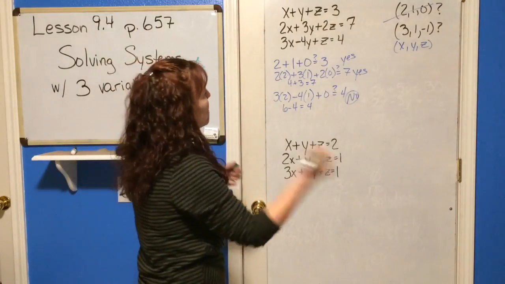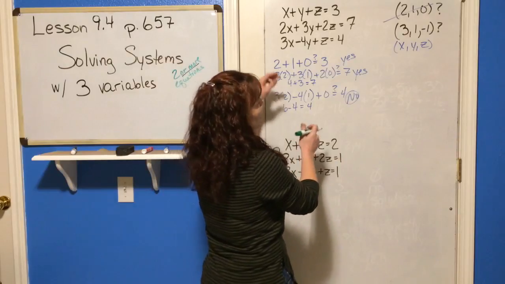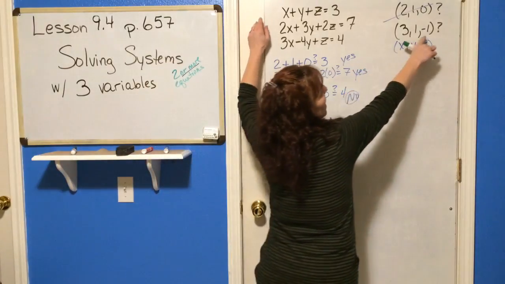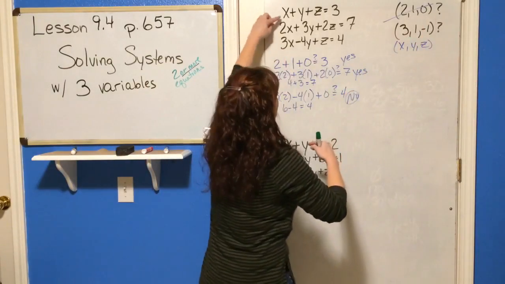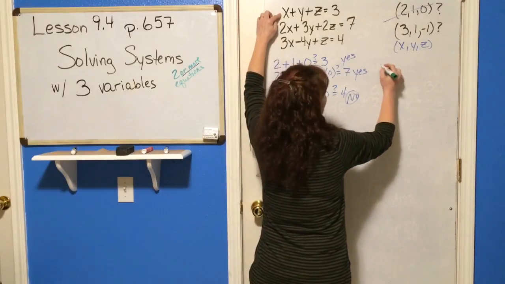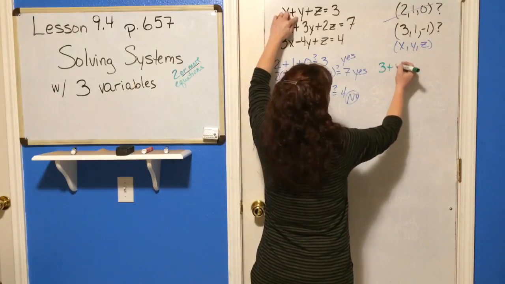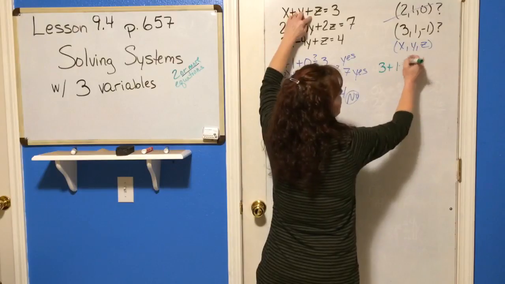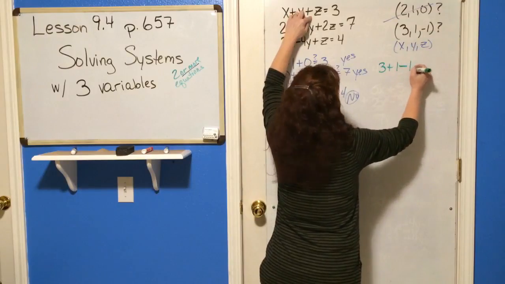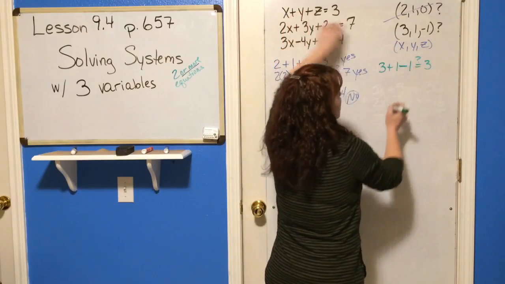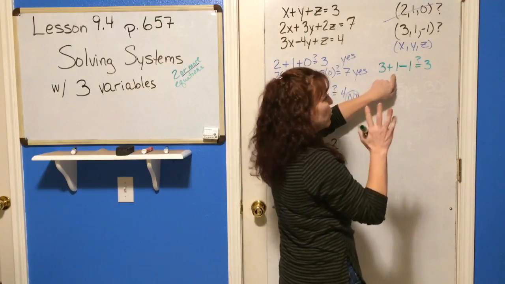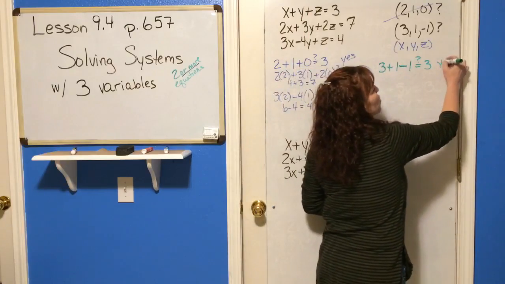Let's check it out. So we've got 3 is our x, 1 is our y, and negative 1 is our z. Same thing. X is 3, so 3 plus y, which is 1, plus z, which is a negative 1, so it's minus 1. Does that equal 3? So 3 plus 1 is 4. 4 minus 1 is 3, so that is a true statement.